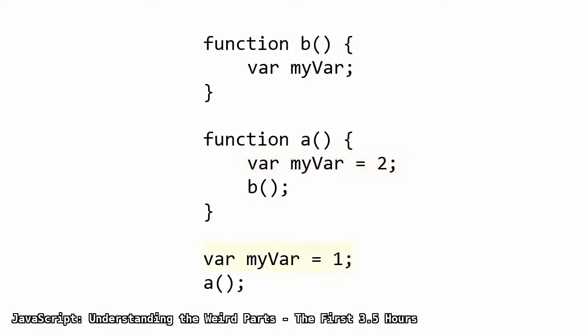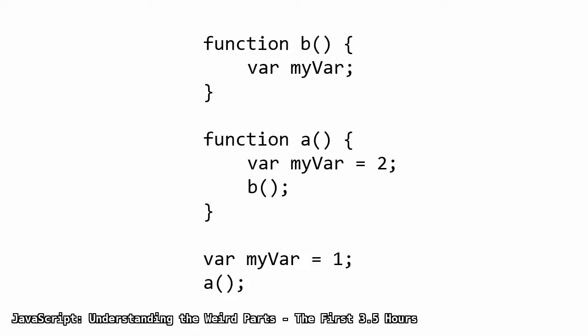And then outside the functions, I also declare a variable called myVar again and set that equal to 1. Then A is called, and inside A, B is called. So what's going to happen? What is the value of myVar at any point in time?